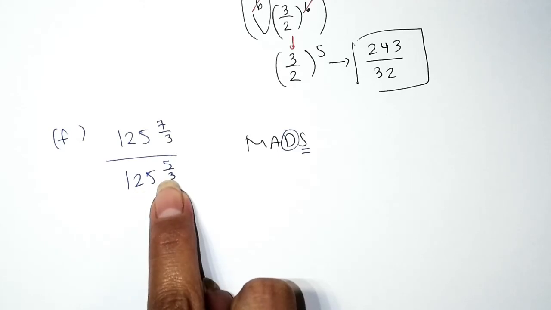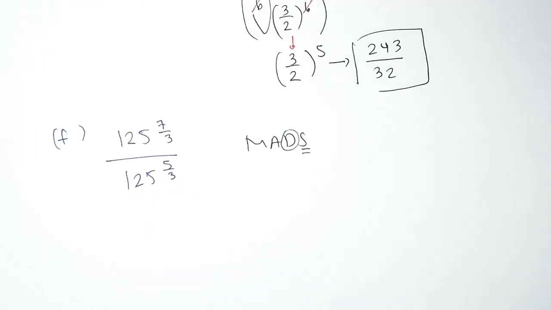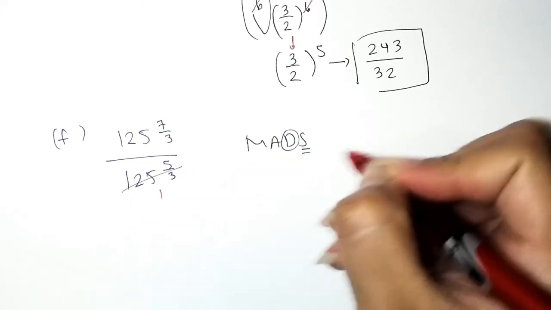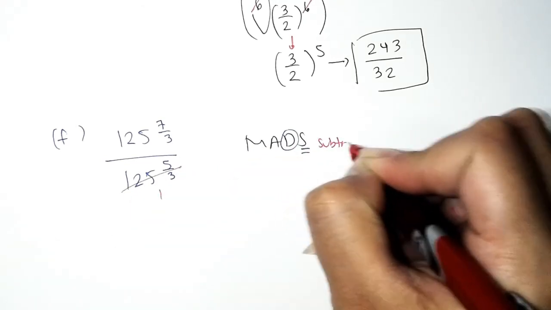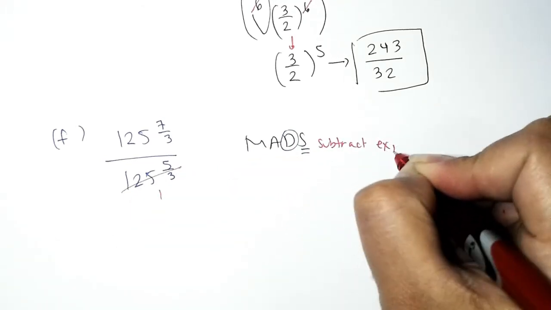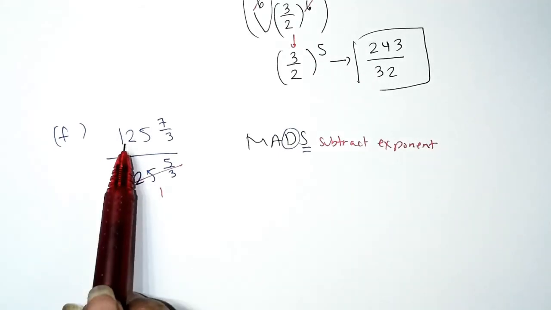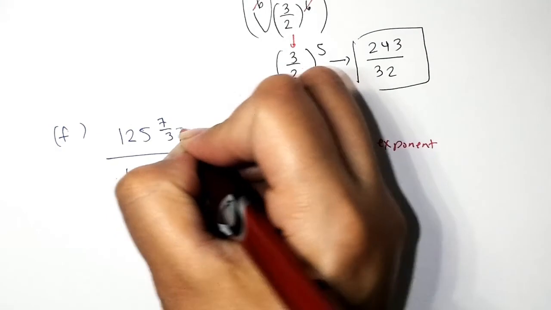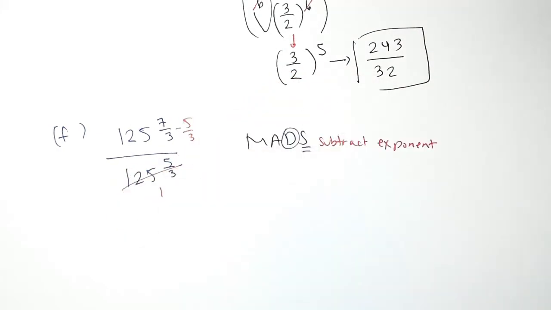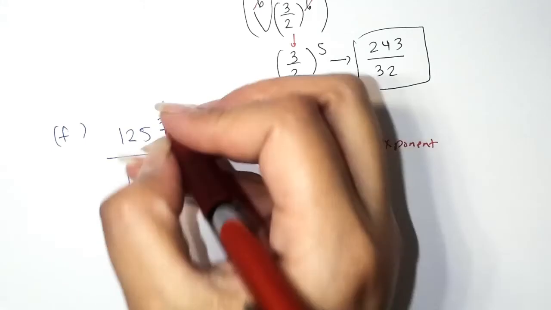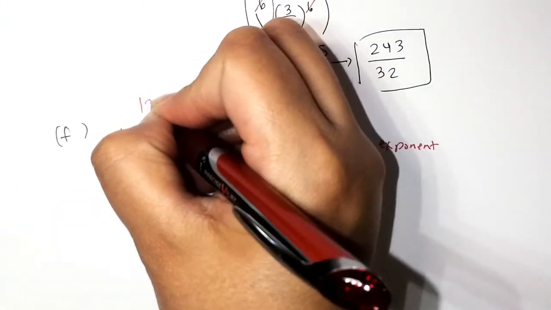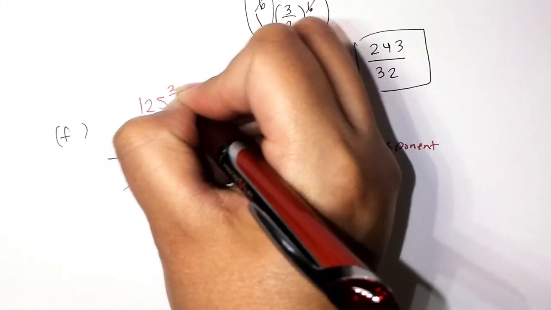So to do that, this bad boy goes into itself once, and then let me just put subtract exponent. And to see how many times it goes into the other one, we're just going to subtract the exponents. Difference of 7/3 and 5/3 is 2/3, I believe. So that will leave us with 125 raised to the 2/3.